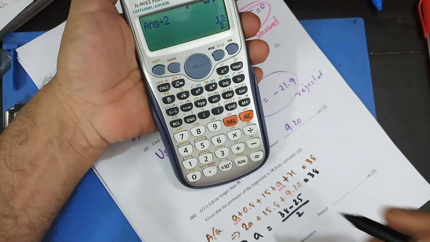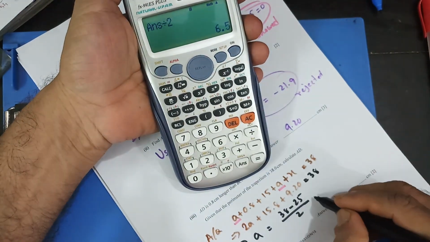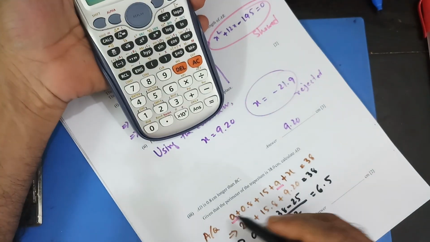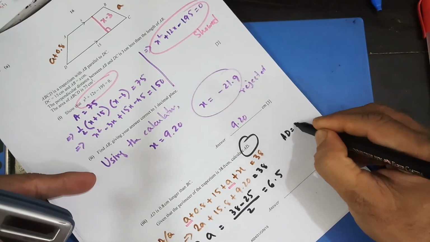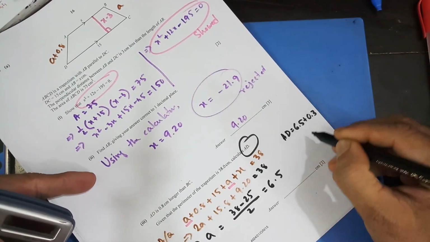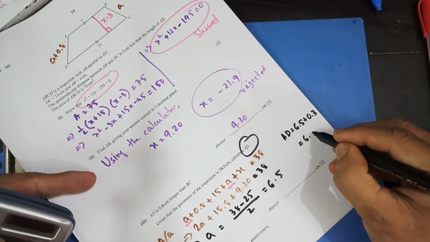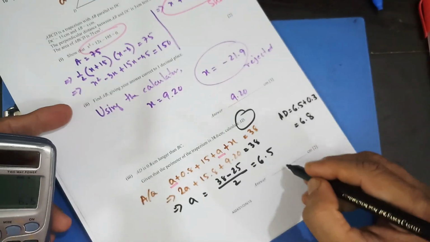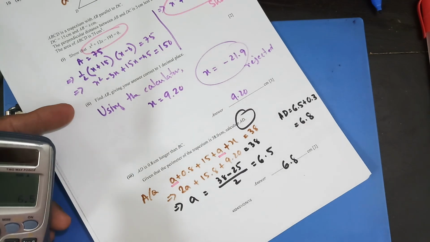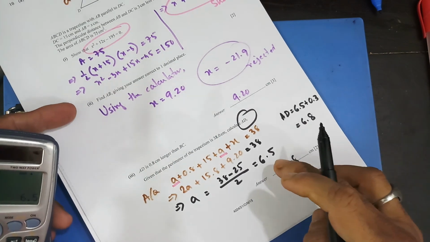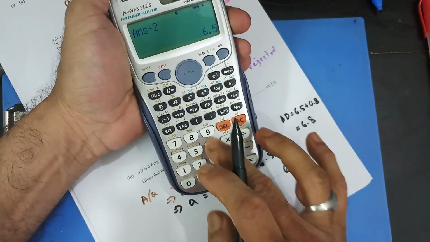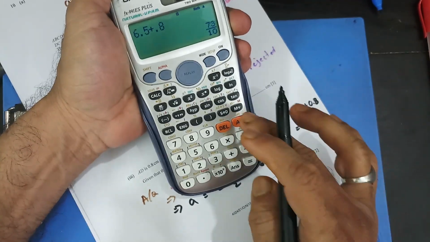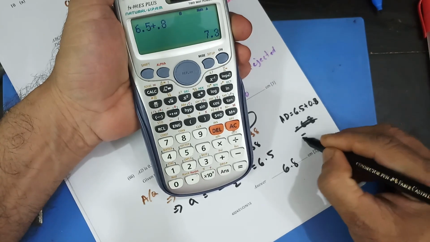I should get 6.5, but they are asking us to find AD. AD is A plus 0.8, so AD is going to be 6.5 plus 0.8, which is 7.3 centimeter.